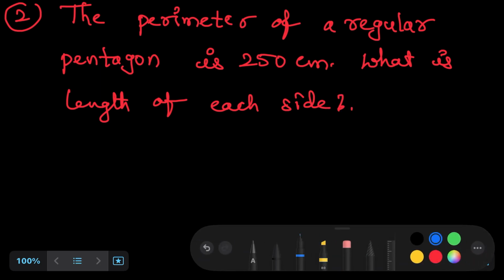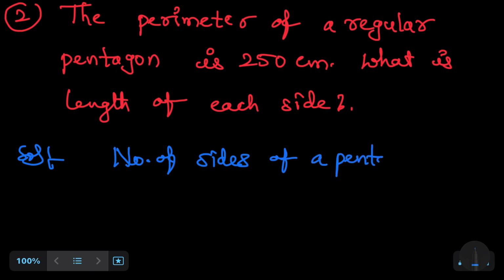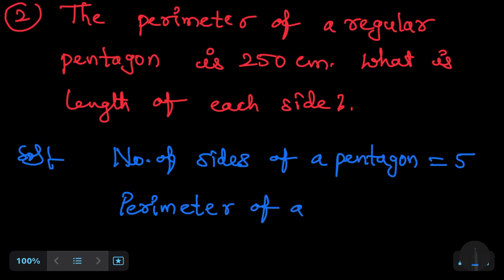Here, a pentagon has how many sides? Penta means 5. Number of sides is 5. They have given the perimeter of the pentagon. Perimeter of a regular pentagon, meaning equal sides, is equal to 5 into side.